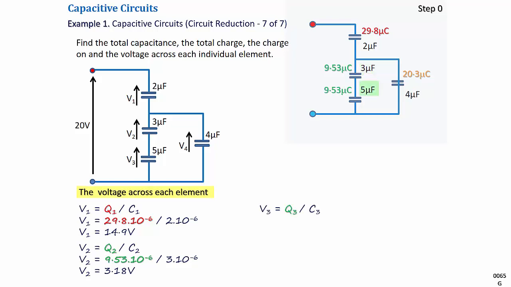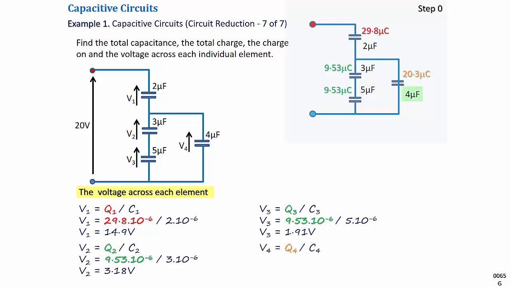V3, the voltage across the 5 microfarad capacitor, equals Q3 divided by C3. Substituting values, V3 equals 9.53 times 10 to the power minus 6 divided by 5 times 10 to the power minus 6, which equals 1.91 volts.